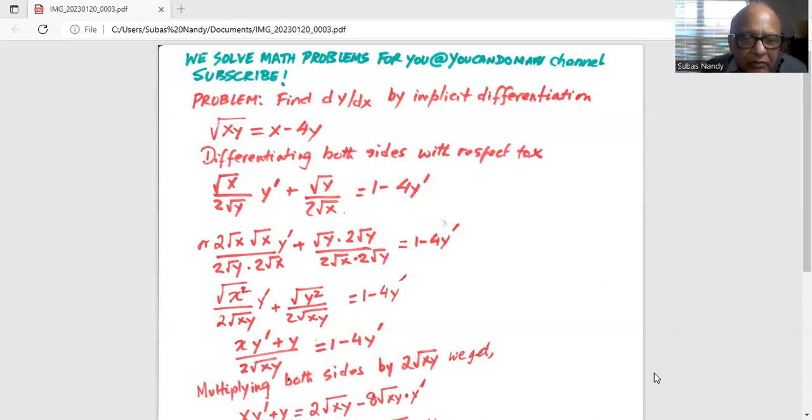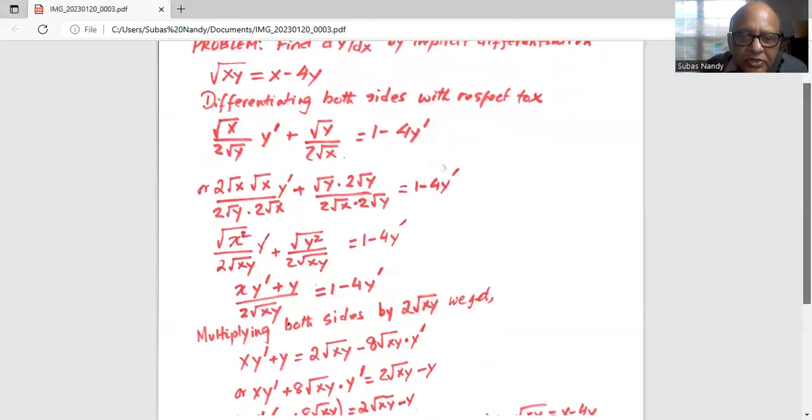So we simplify the first term, since the common denominator is the same, it's 2 square root of xy. The first term becomes square root of x squared, which is x, and then y prime plus y divided by 2 square root of xy is equal to 1 minus 4y prime, I'm sorry.